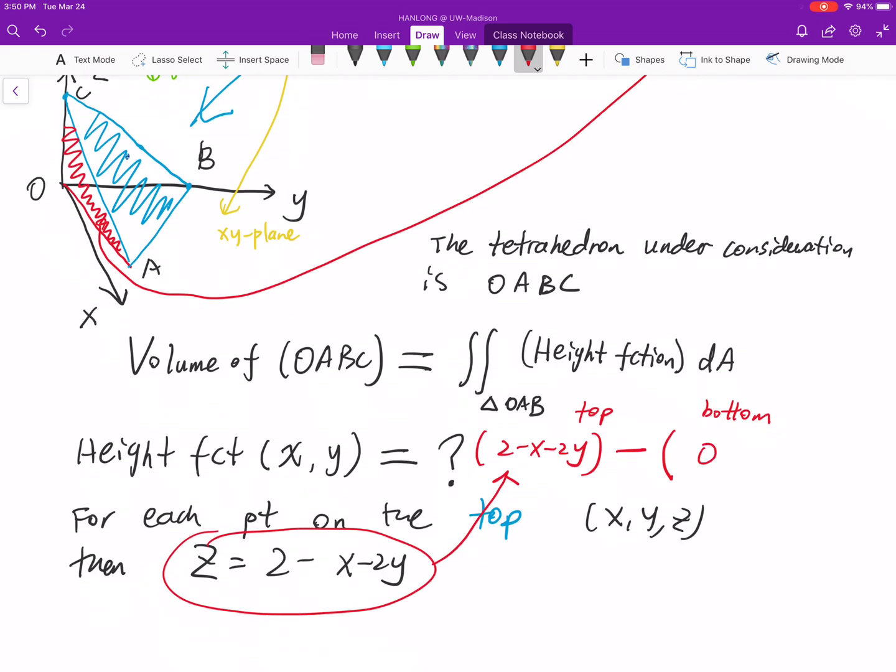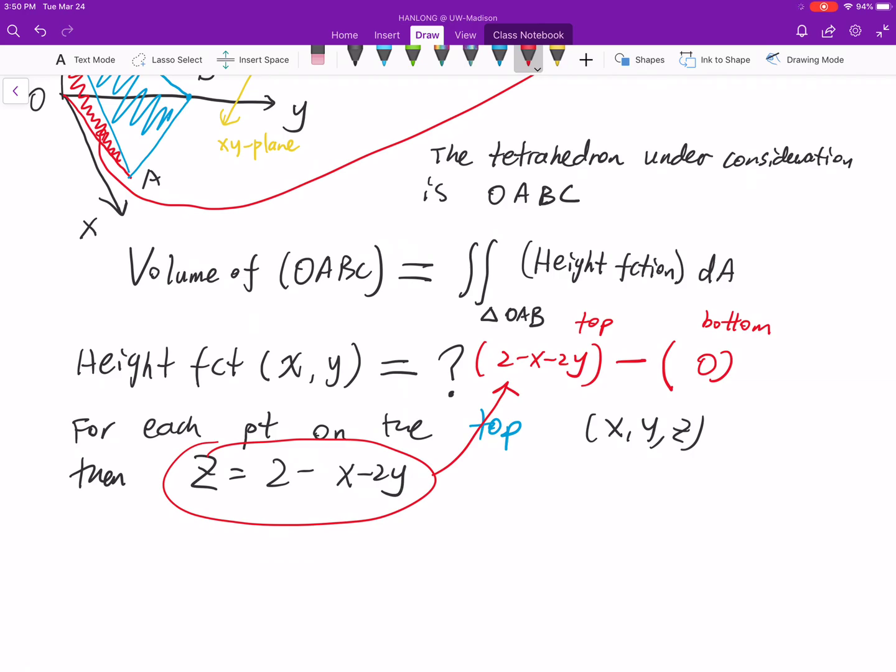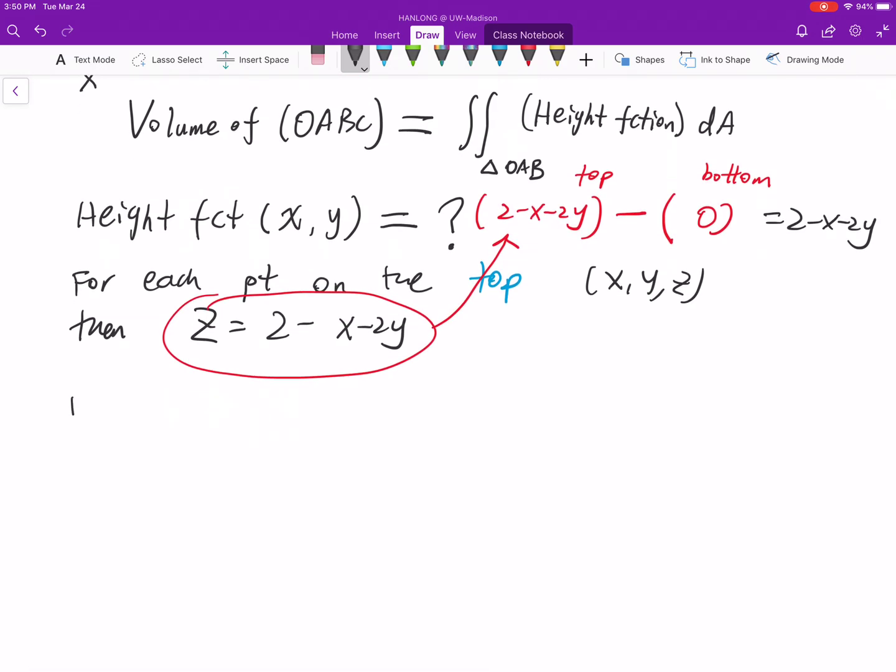So 2 minus x minus 2y is your height function. Therefore the volume is given by the integral of 2 minus x minus 2y over triangle OAB.